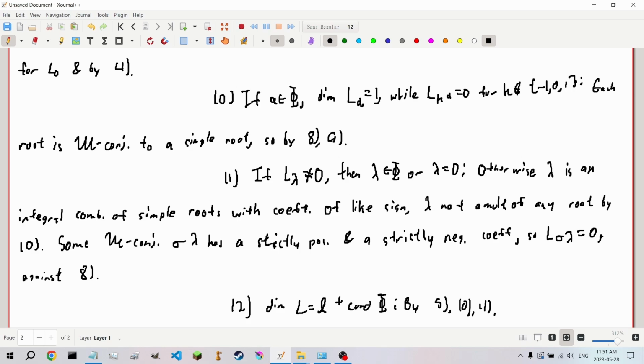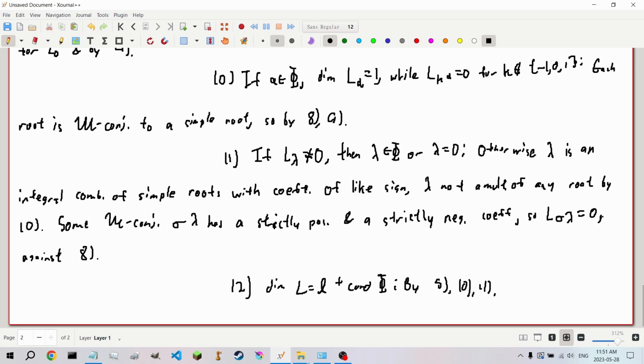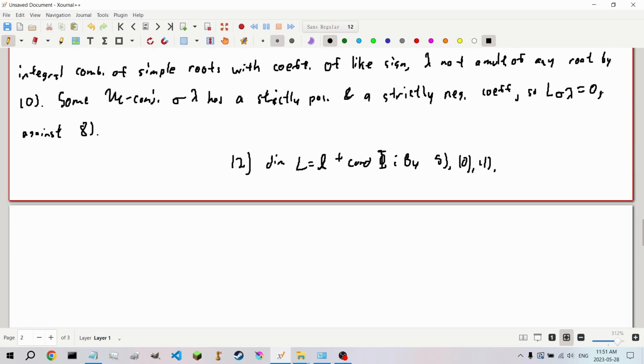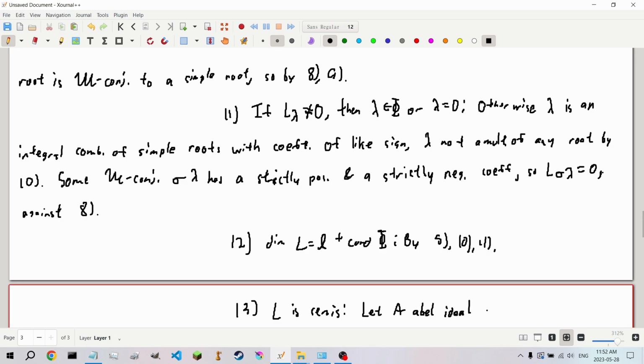Okay, step 13 we're going to need to do on a new line, so that's pretty exciting. Step 13 states L is semi-simple. Let A be an abelian ideal of L. We want that A is 0.